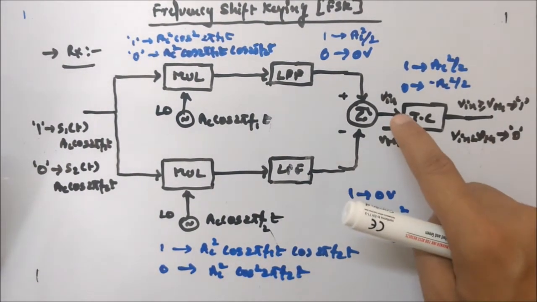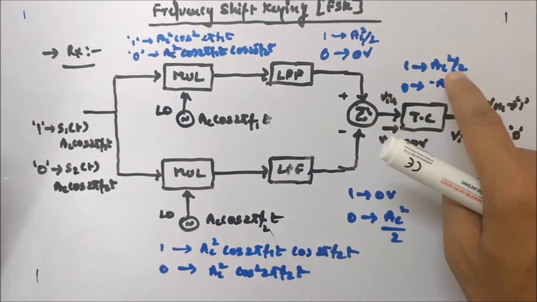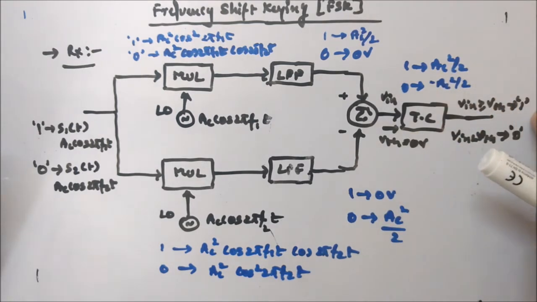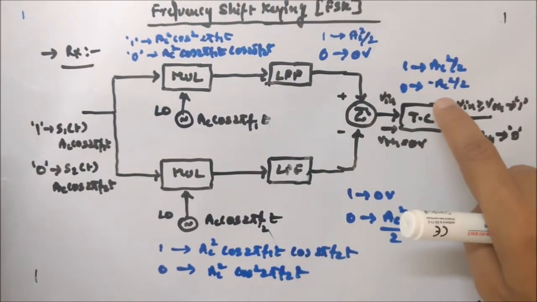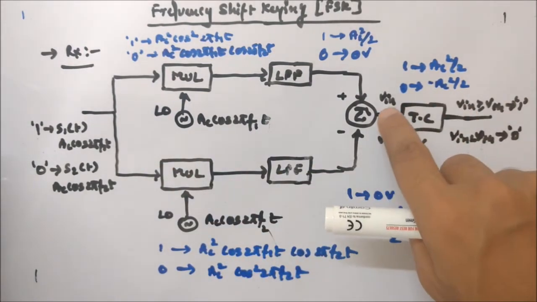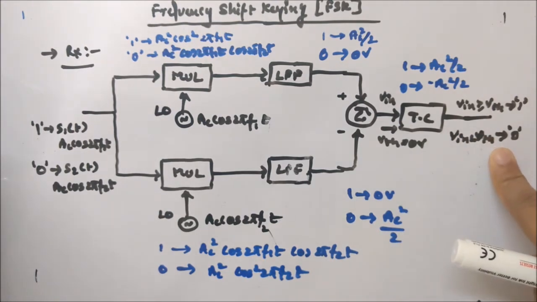So in case of this Vin, when 1 was transmitted, it will be Ac²/2, which is greater than 0, which means 1 was transmitted. And when bit 0 was transmitted, this value will be your Vin, which is less than 0 volt, which means 0 was transmitted.